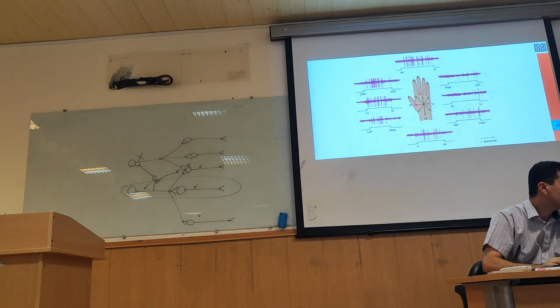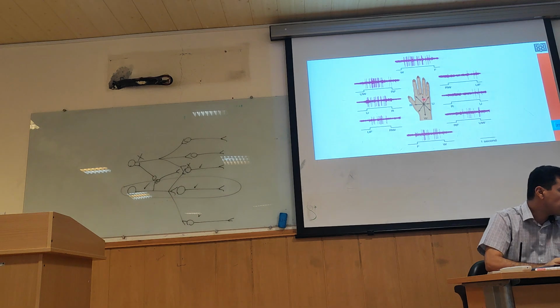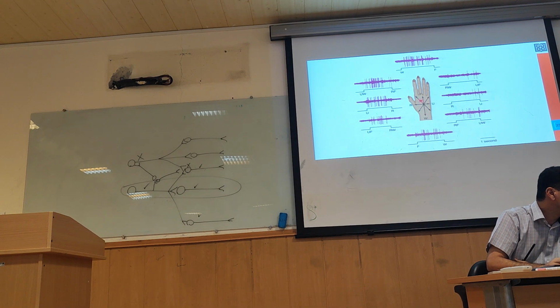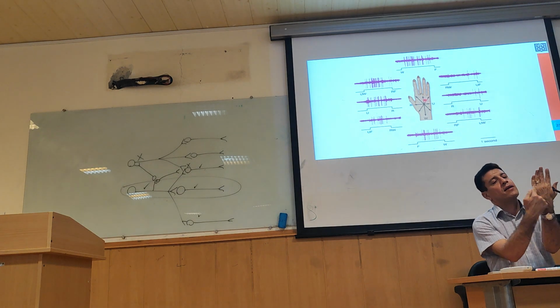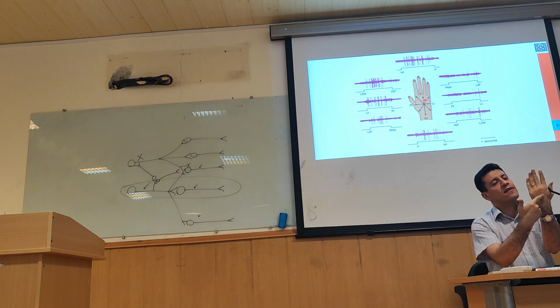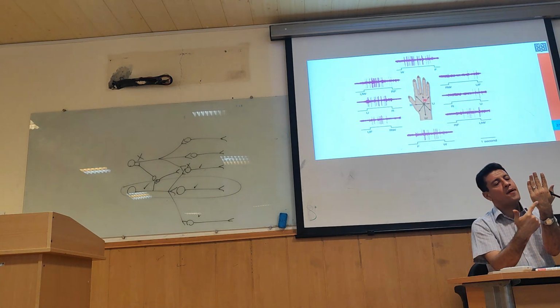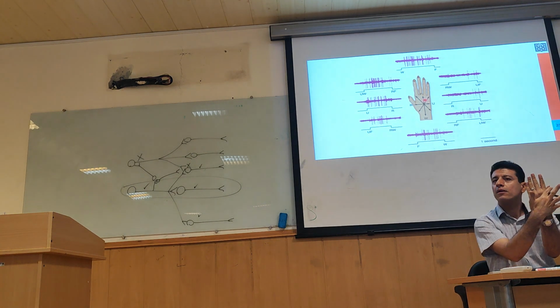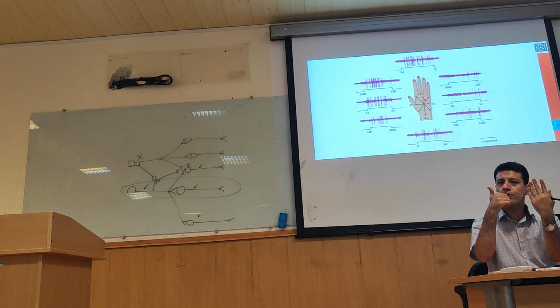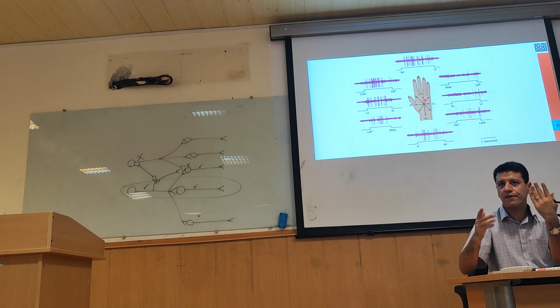Yeah, right hand. So this neuron is activated when you stimulate the right hand on the back. But the stimulation should be of a specific type in order to activate this neuron. For example, this stimulation doesn't activate this neuron, but this stimulation activates this neuron at a very high frequency.